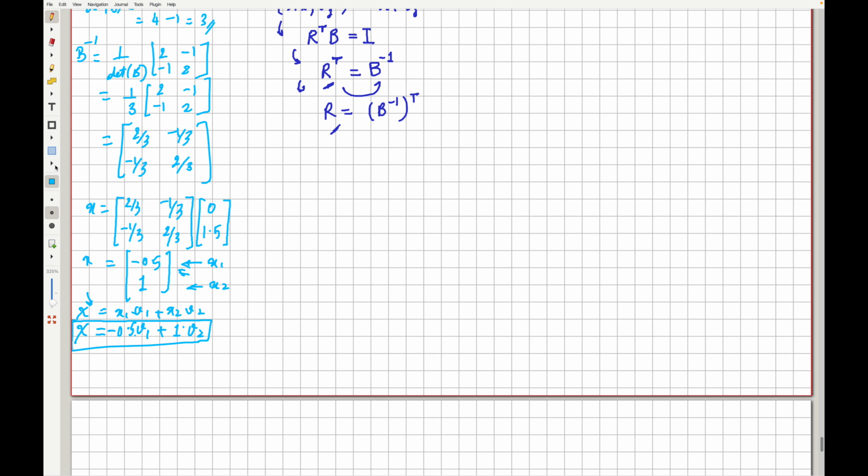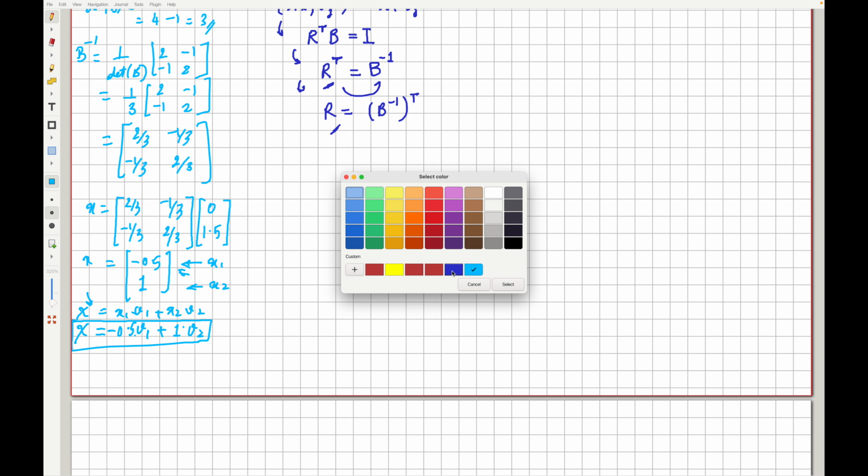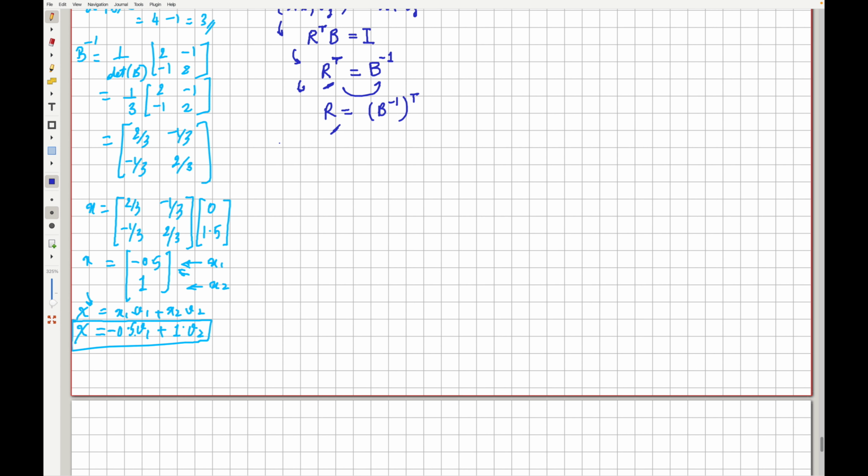Now you're probably saying, hey, where is the r? We haven't used the r anywhere. So let's try and look at that now. So the r is going to be the transpose of this, and so in this case it's just going to be the same.